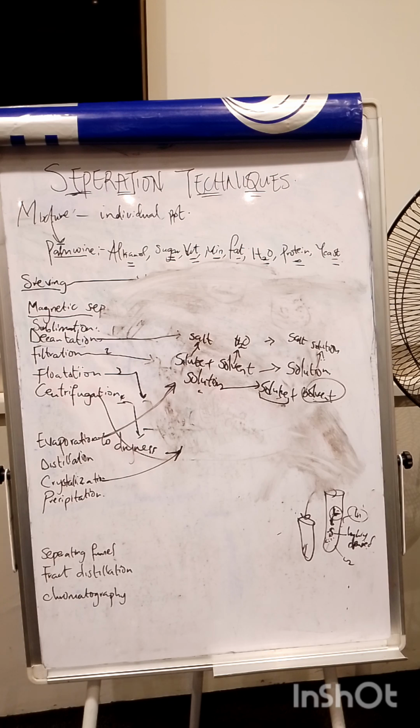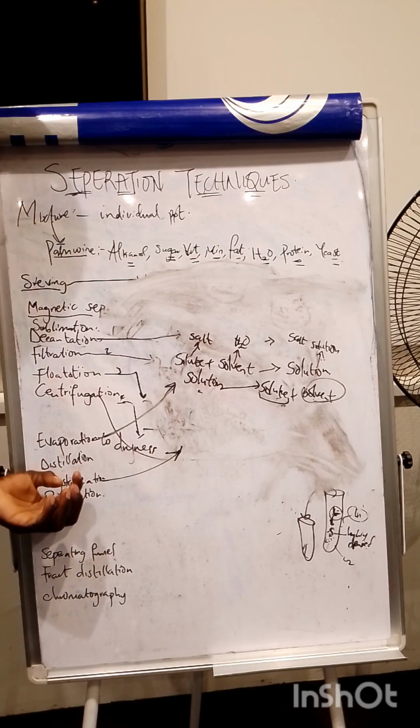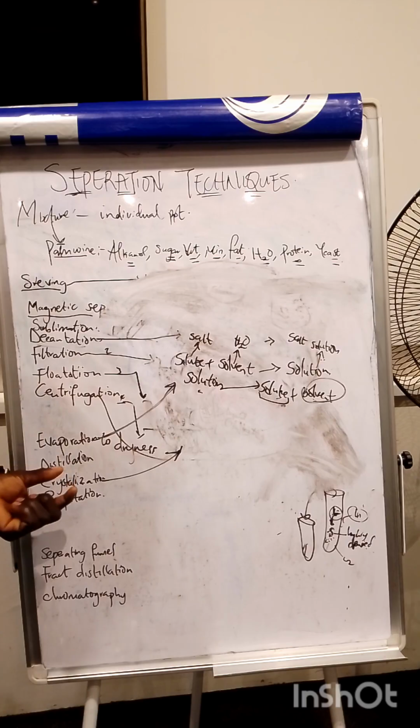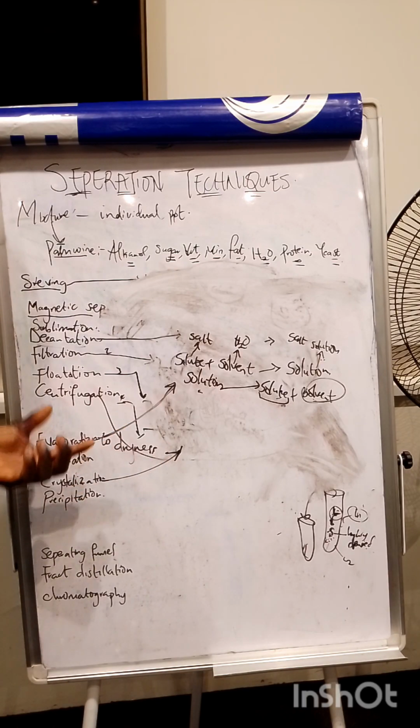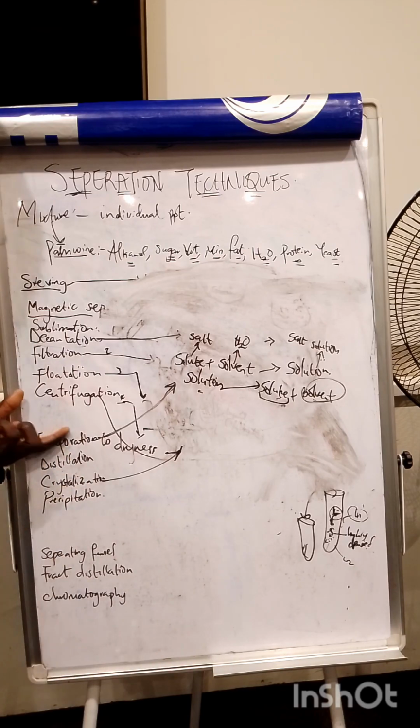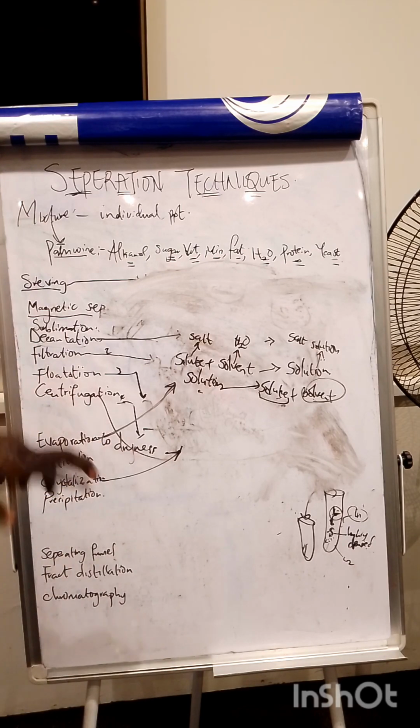Then copper 2 trinitrate trihydrate, and iron 2 sulfate heptahydrate. So it's a method used to obtain salt that decomposes easily on heating. If the salt does not decompose, you employ evaporation. But if the salt decomposes easily on heating, you go for crystallization.